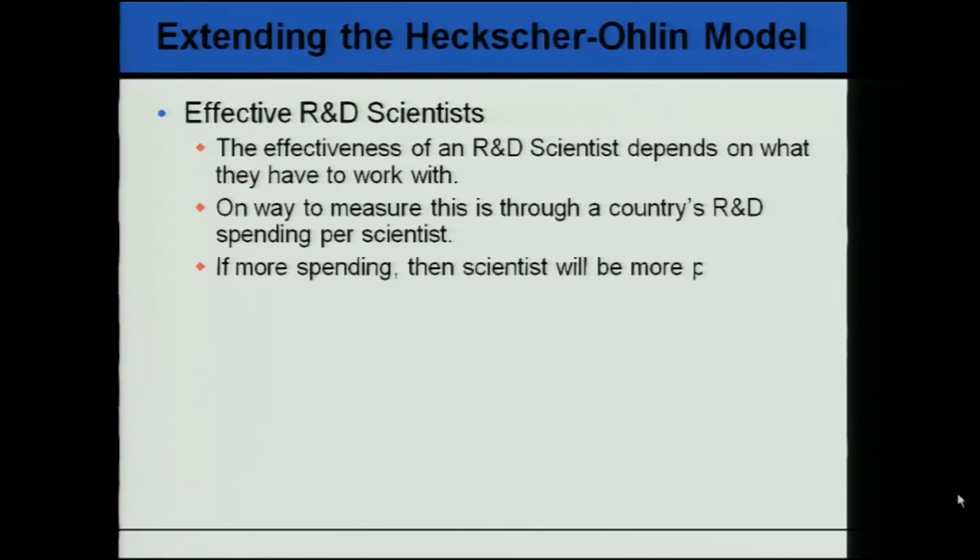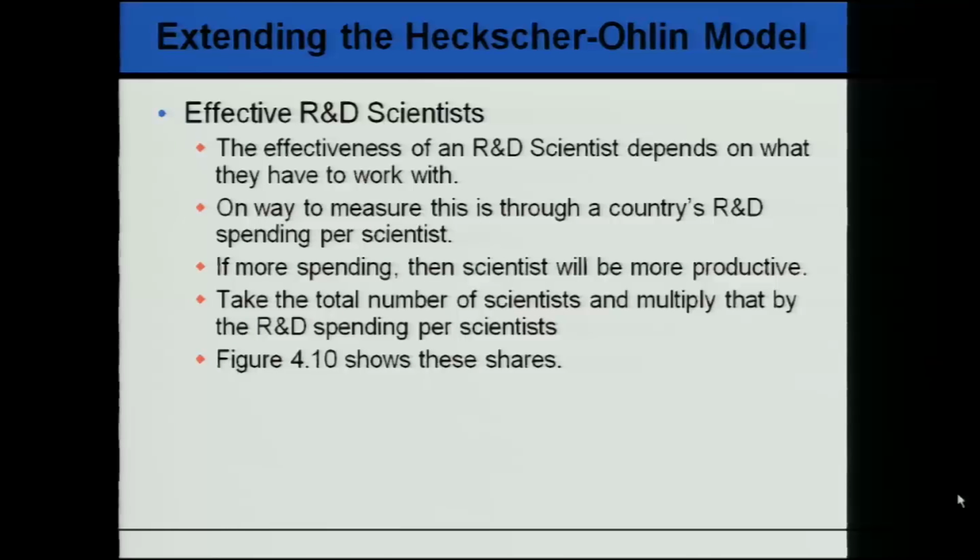Now, consider effective R&D scientists. The effectiveness of an R&D scientist depends on what they have to work with, how many laboratories and how much equipment they have. One way to measure this is through a country's R&D spending per scientist. This is the productivity measure. If there is more spending, then scientists will be more productive.